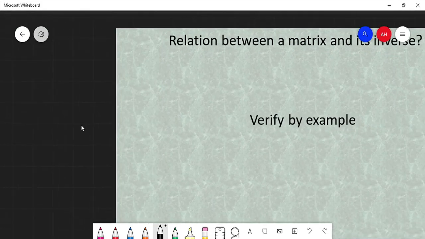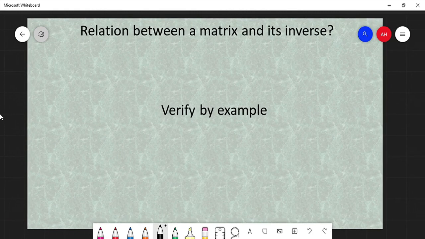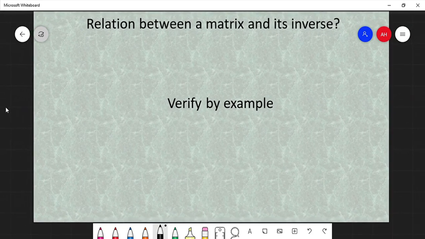Now maybe you would like to know the relationship between a matrix and its inverse. Is there any relationship between D and D inverse? The answer is yes.